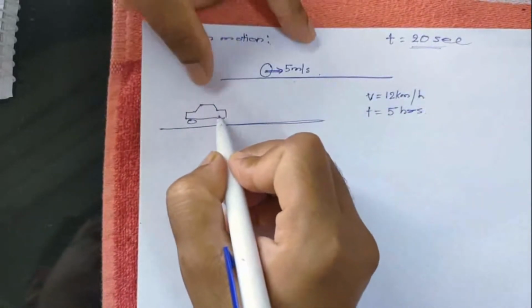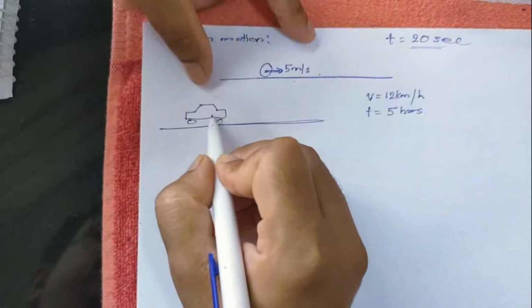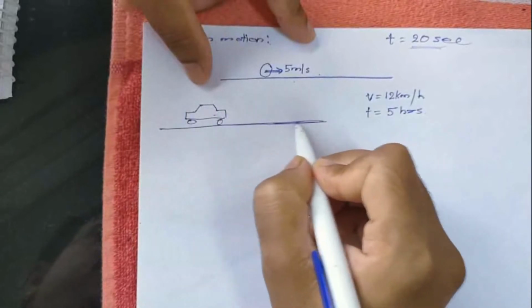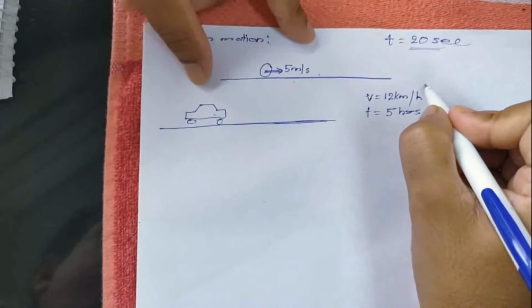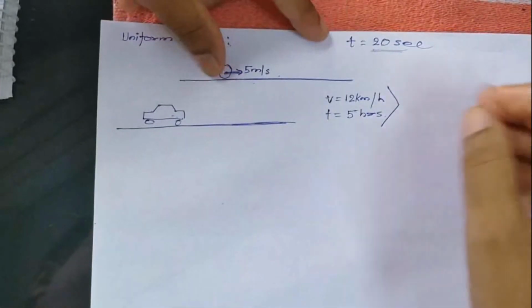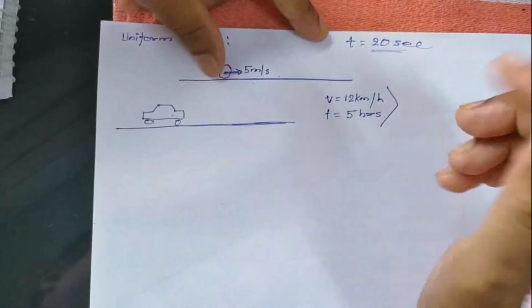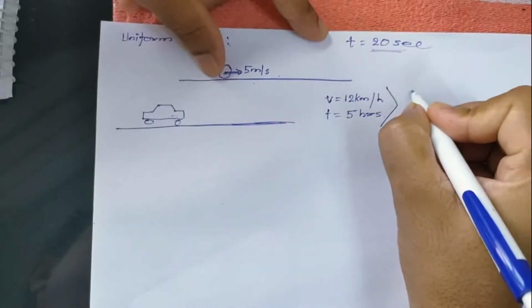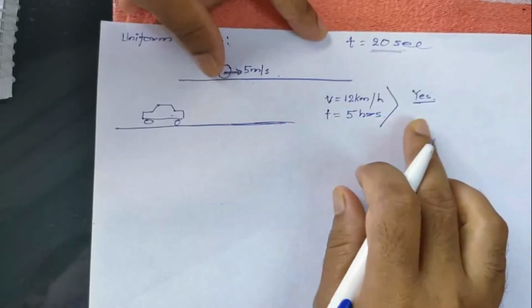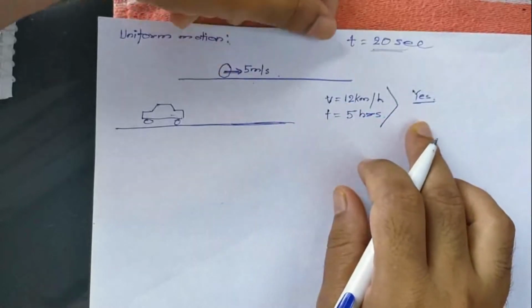Let us say you drove along a straight line. So what can you say? Is the motion uniform motion or non-uniform motion? It appears that by definition it is uniform motion. Okay, you can say it is a uniform motion. Okay, no problem. For now you can say it is uniform motion.